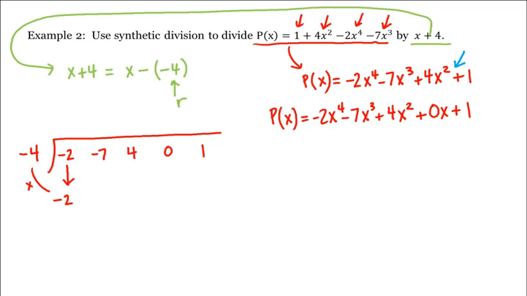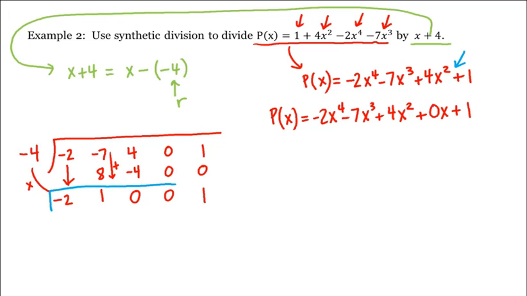We multiply, which gives us 8. Then we add, which gives us 1. Then we multiply the negative 4 and the 1, which gives us negative 4. And then we add, which gives us 0. And then negative 4 times 0 is 0. We add, we get 0 again. And negative 4 times 0 is 0. We add, we get 1.